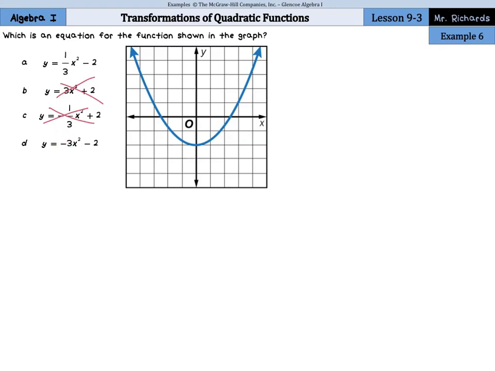Well, this negative would mean that we should expect some kind of reflection over the x-axis. And since this is not a reflected figure over the x-axis, D is now also out. So that leaves us with our answer of A.